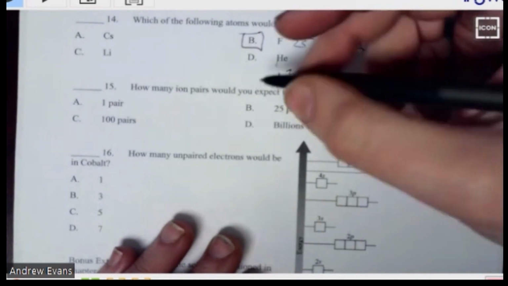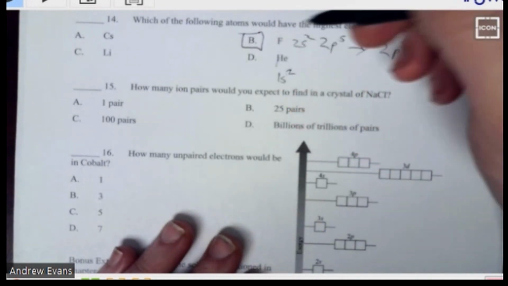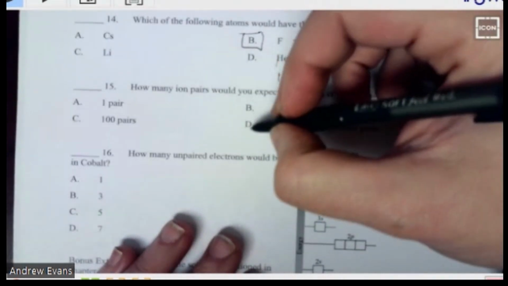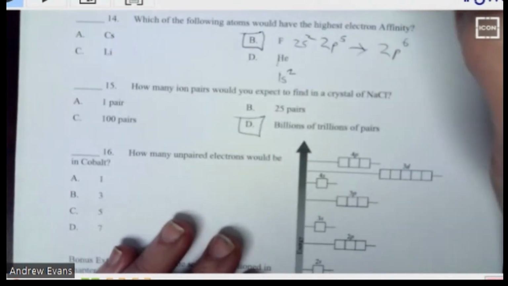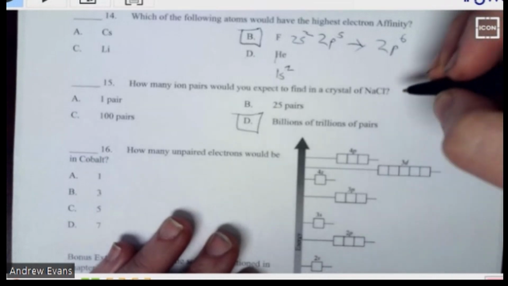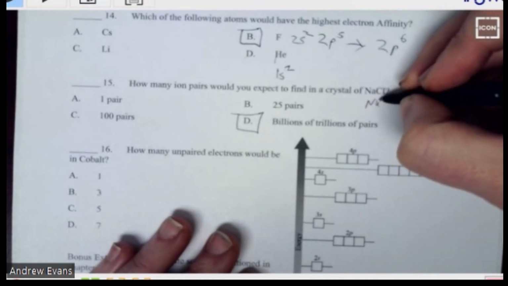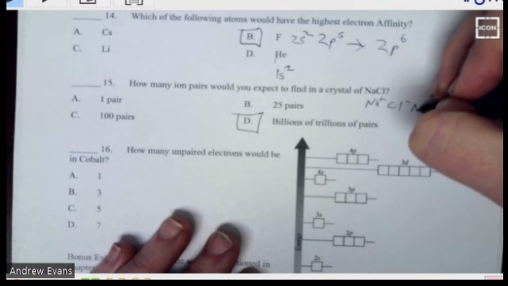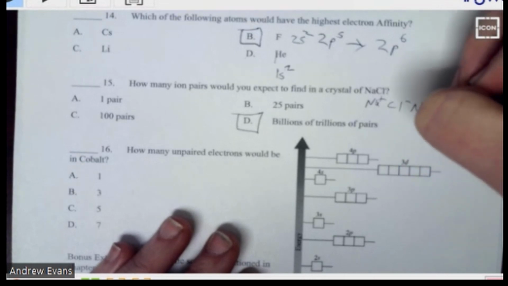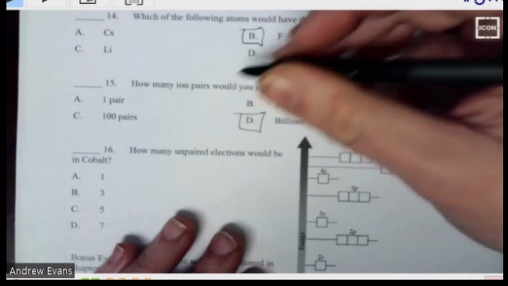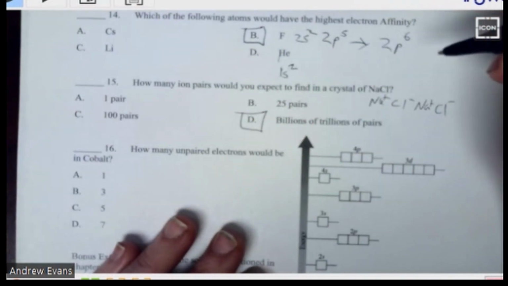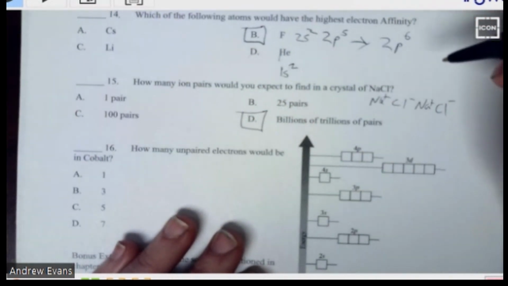Now, this one was not meant to be a trick question. It's supposed to be easy. How many ion pairs in a crystal structure? We're talking about almost infinity. There's going to be sodium and chloride, and then sodium and chloride, and sodium and chloride. I could understand if everyone put one pair, but 25 pairs, 100 pairs?